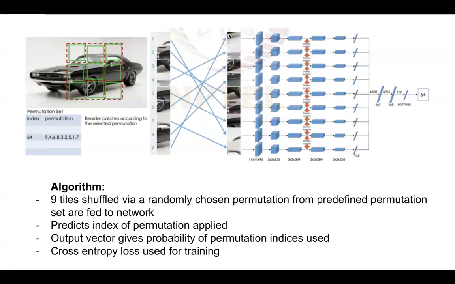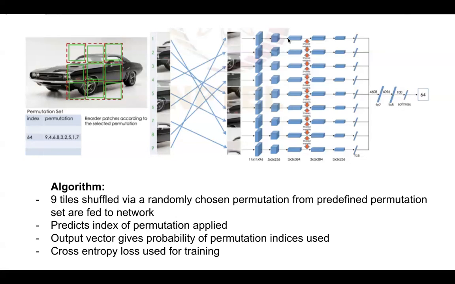All these patches are now passed to different CNNs. The 9 tiles are shuffled via a randomly chosen permutation from a predefined permutation set and fed to the network.